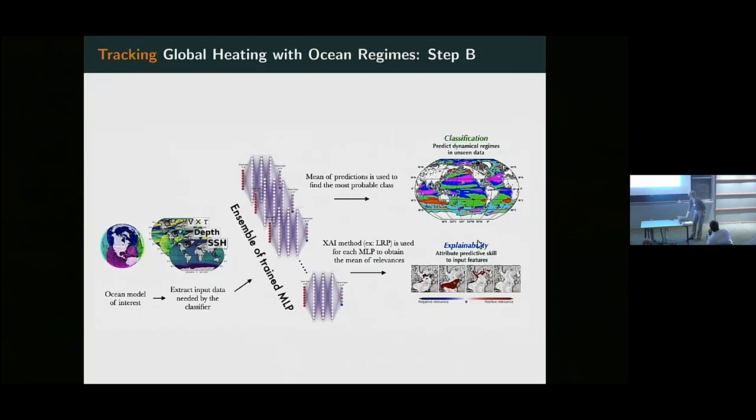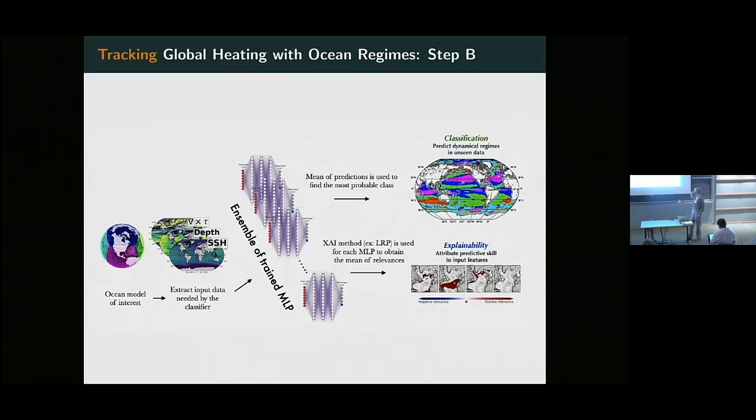In that sense, you're able to find these different labels, or dynamical regimes, that tell you what these subsurface structures are doing, with whatever model you're interested in, of similar resolution to the model that we trained this on.